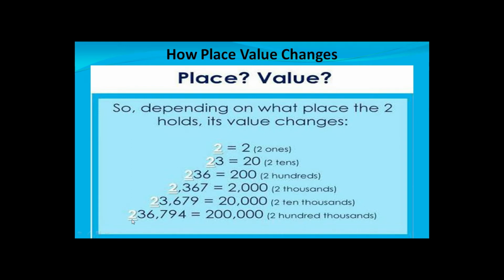Then again when you add some other number on the right side, 2 will move further towards the left. First it was here, then 1 place towards left, then 2 places, and 3 places towards left. So further it is going towards left as you add the numbers on the right side. So here the place value of 2 is 200,000s. Okay my dear students, I hope you understood it well.